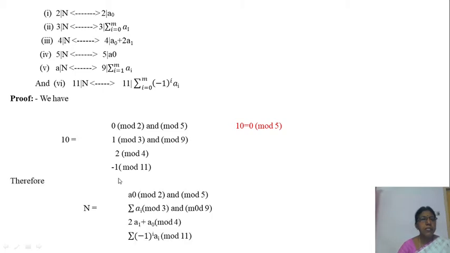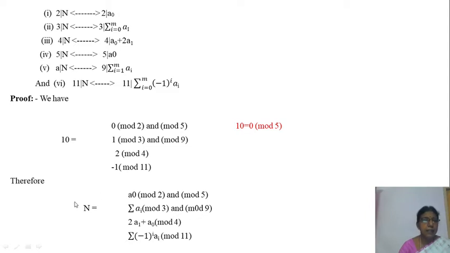We take the base 10 numbers. So write like this, each and every one with the congruence 10. Now n can be written as a naught mod 2 and a naught mod 5. Then n is equal to sigma ai mod 3 and, for the second one, also sigma ai mod 9.